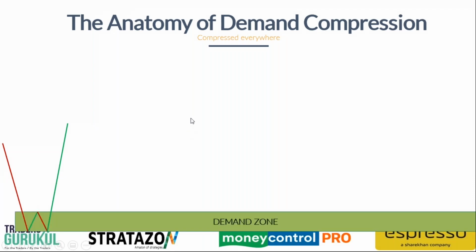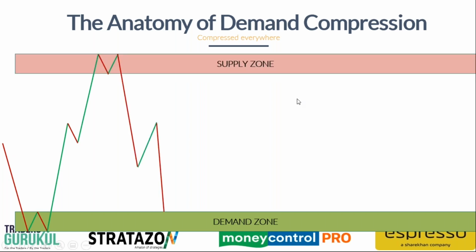Okay. Now what happens is there is another zone at the top, which is typically rally, base and drop. Okay. Now what happens is price is trying to go up.